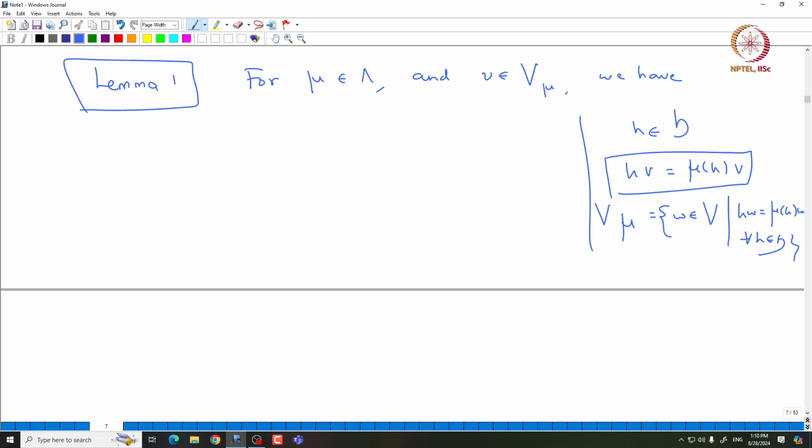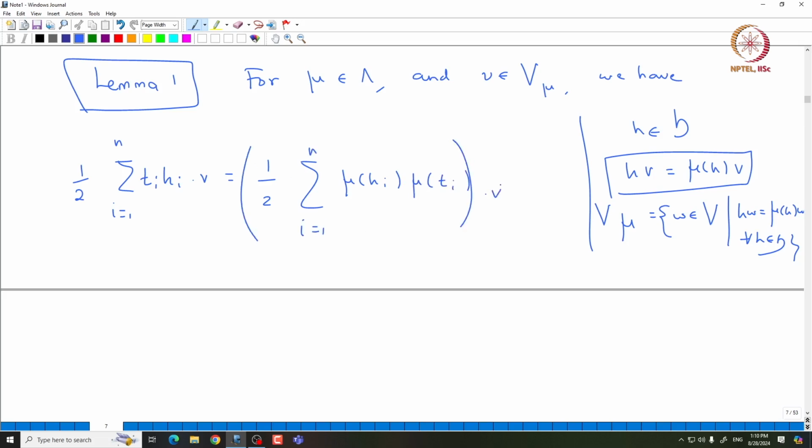In particular, if you take the summation T_i h_i acting on v, with i ranging from 1 to n, you can see that this is exactly the summation of mu of h_i times mu of T_i, acting on this vector v.